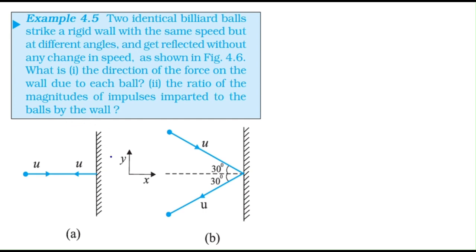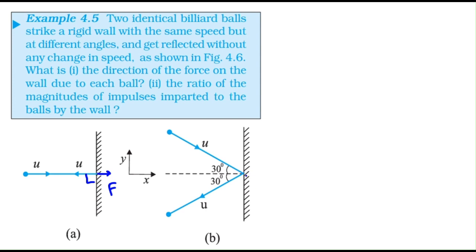Let's start with the first case, where the ball is striking the wall perpendicularly. Here we can say very easily that if the ball is striking at a right angle, the force exerted by the ball will be perpendicular. This is the force exerted by the ball on the wall. In the second case, this is the direction of initial velocity, or of momentum.